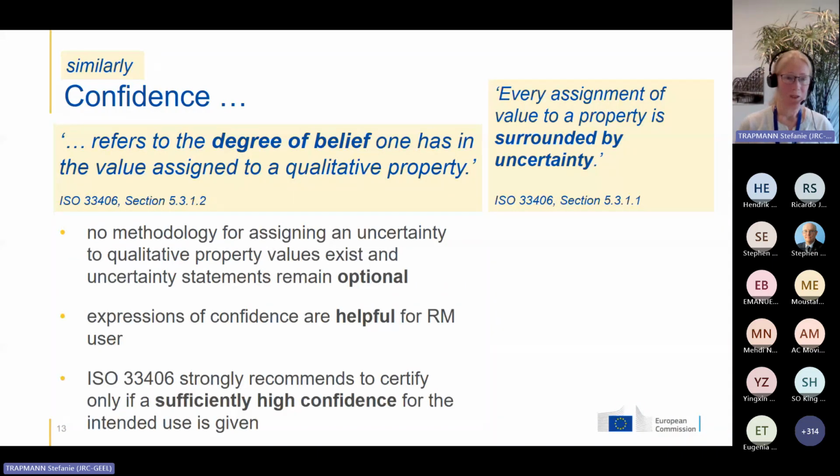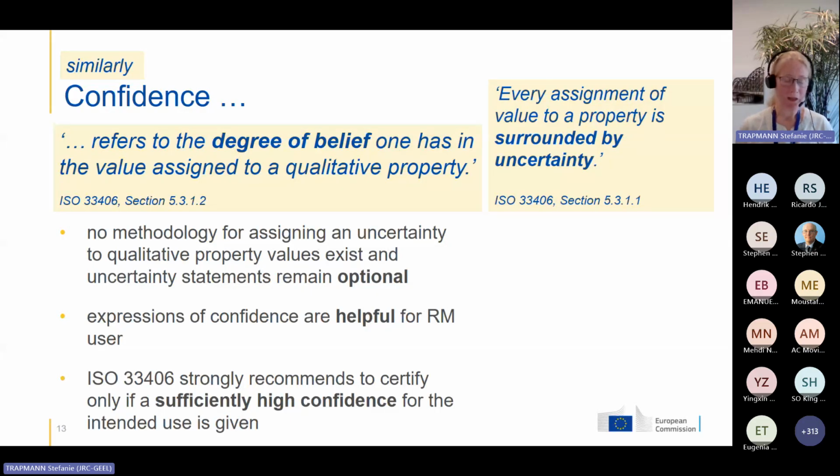But at the same time, there is no methodology existing for assigning uncertainty values to qualitative property values. And therefore, ISO 33406 says that uncertainty statements remain optional. It, however, encourages the reference material producer to express the confidence they have in the assigned qualitative property value, because we deem it as very helpful for the reference material user.